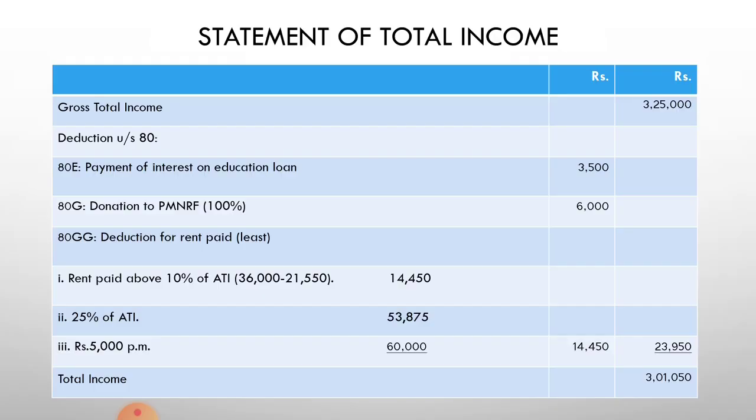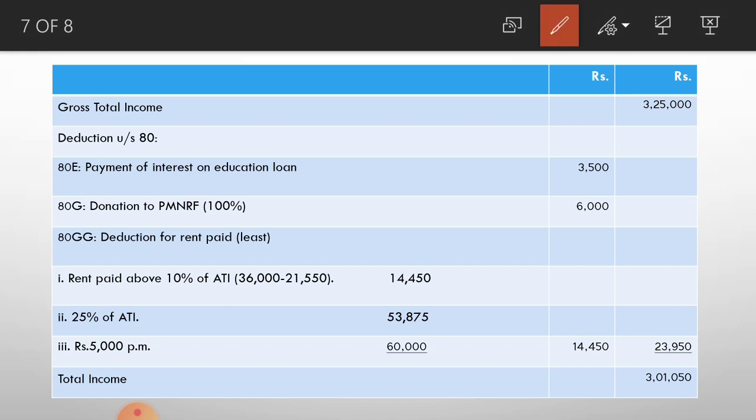So, statement of total income is given here. Gross total income 3,25,000. From that you have to deduct deduction under section 80. Here 3 sections are there to deduct from gross total income: 80E, 80G and 80GG. Deduction under section 80E relating to payment of interest of education loan is 3,500. 80G is relating to donations.